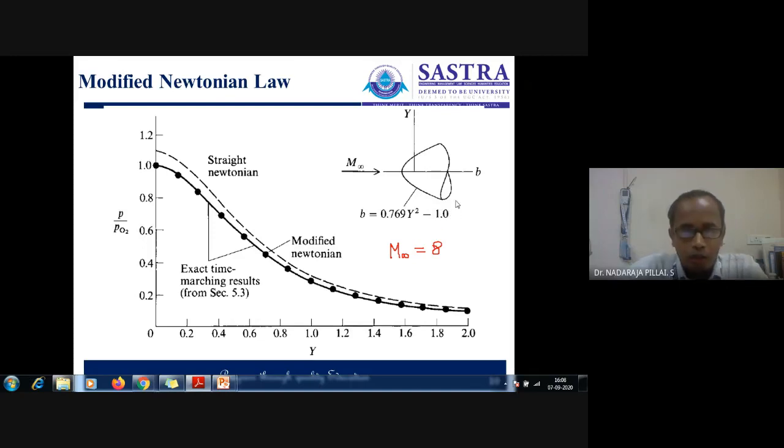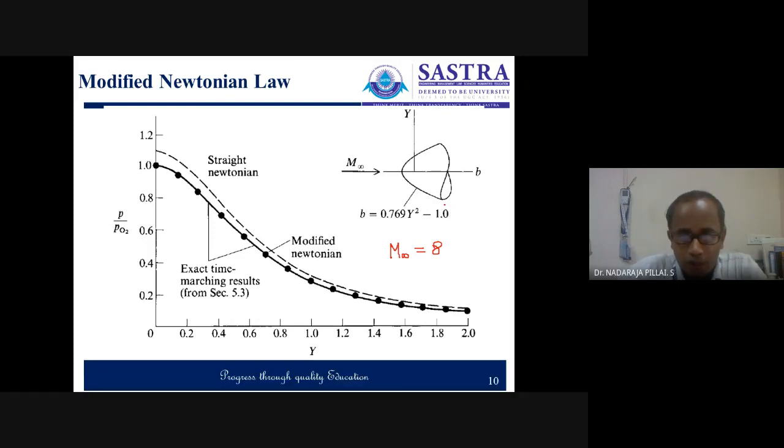The profile is drawn based on b is equal to 0.769 y square minus 1. Here you see the results of the exact solution, the modified Newtonian and the straight Newtonian. The straight Newtonian is 2 sine square theta, and modified Newtonian is Cp max sine square theta.